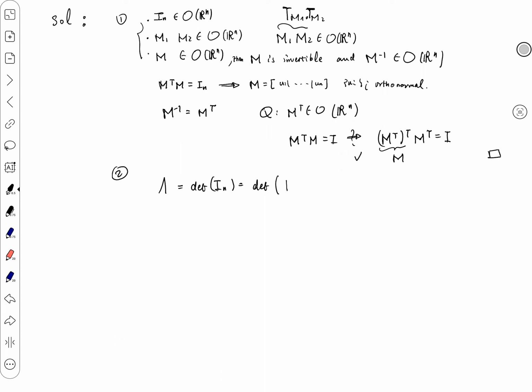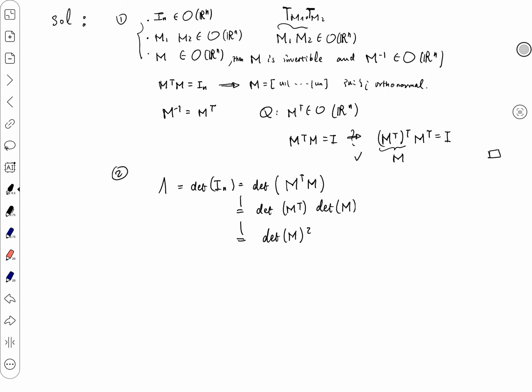Okay, so any element from the orthogonal group satisfies M transpose M equals identity, so its determinant satisfies this, but the determinant of the transpose is the same as the determinant itself. So just by the definition, the determinant takes all the possible multiplications of elements from different rows and different columns.